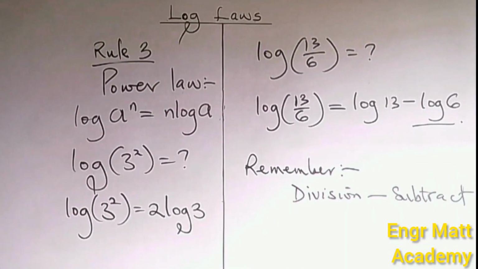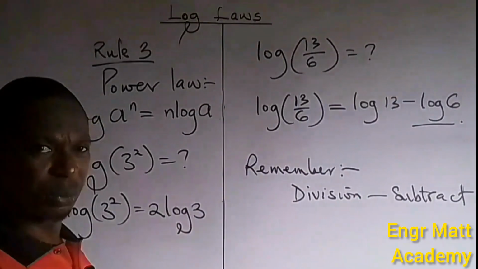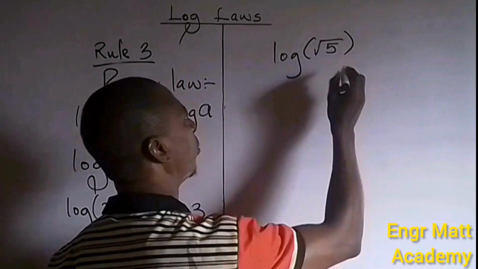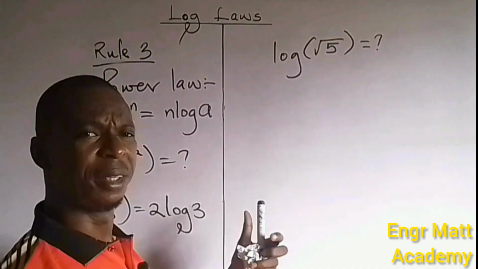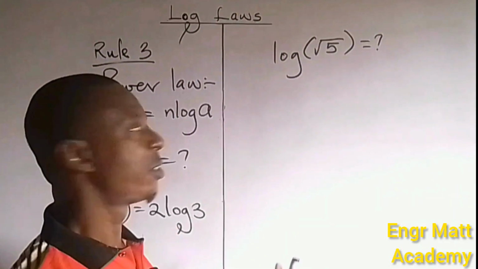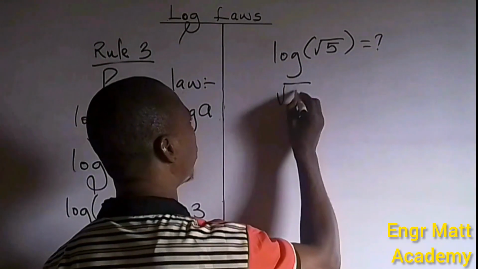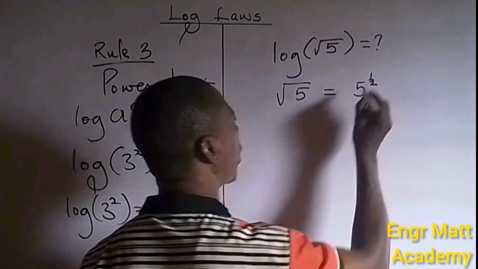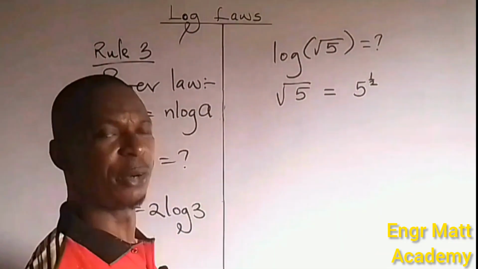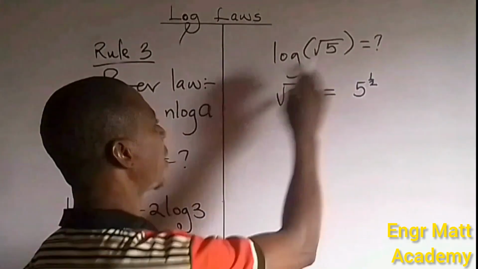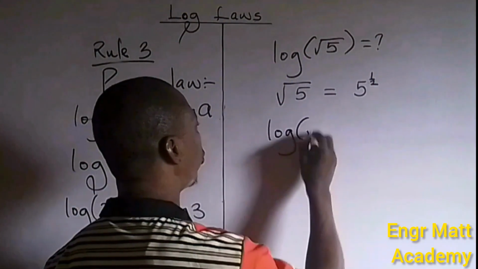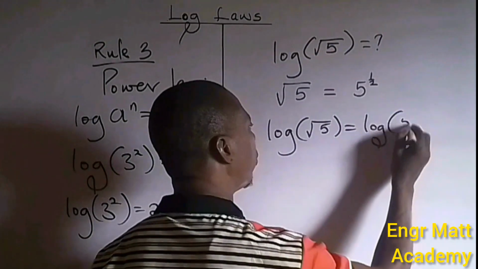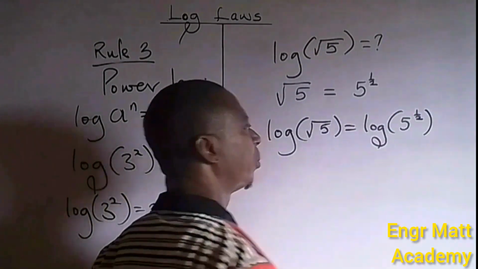And that is it. Now, let's see another quick example that's a bit tricky. Simplify log root 5. What do we do here? The same law applies. Recall that root 5 is the same as 5 raised to the power 1 over 2, if you know your indices very well. So indirectly, log of root 5 is equal to log of 5 to the power of half.